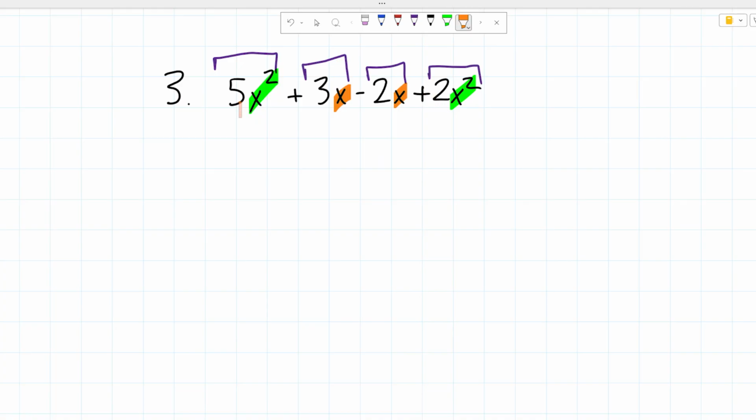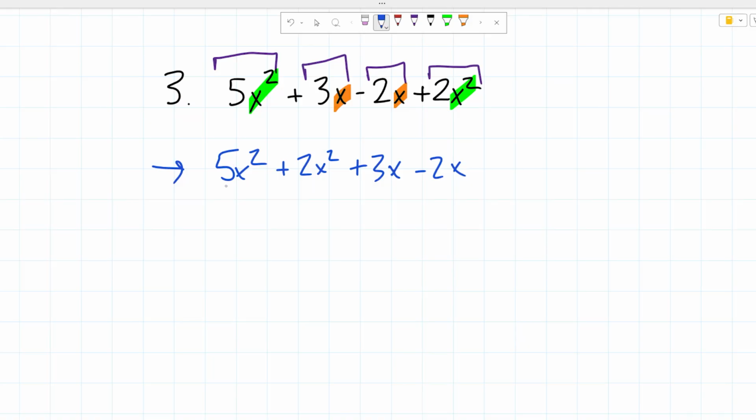If you like the colors, I would recommend doing that. If the colors bother you, then you don't have to do that. And then if you want to, you can rewrite them to make them next to each other. So 5x squared plus 2x squared plus 3x minus 2x. So now all of the terms that are alike are next to each other, but this isn't necessary.